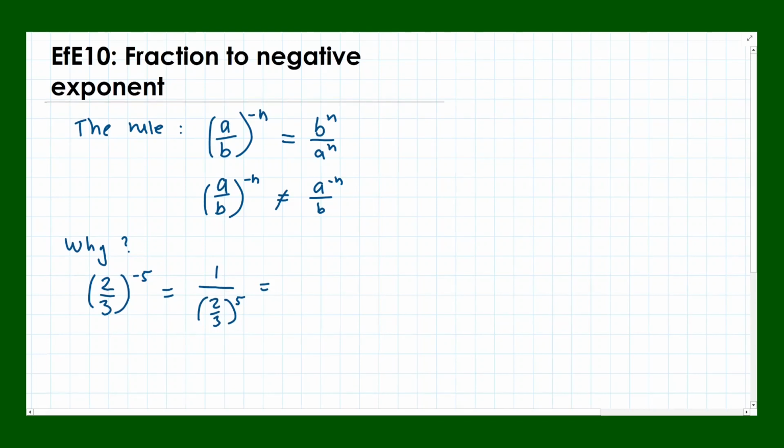The only difference here now is that we've got a fraction, not just a simple number in the denominator. From here on, I can again use the definition of the exponent. So what it means for raising 2/3 to the 5th power. Well, I'm going to have 1 at the top, because that doesn't change. And then I'm going to have 2/3 multiplied by itself 5 times. Okay, 1, 2, 3, 4, 5. Lovely.